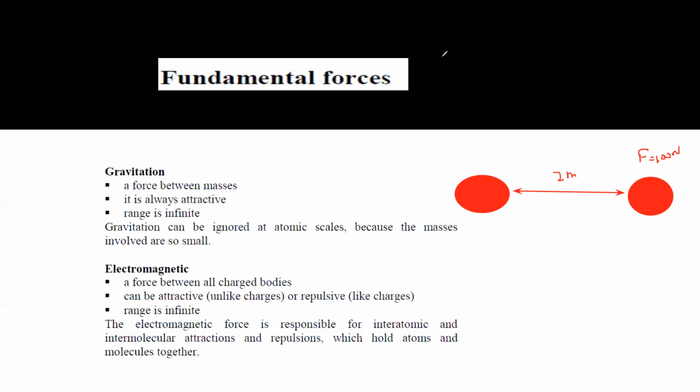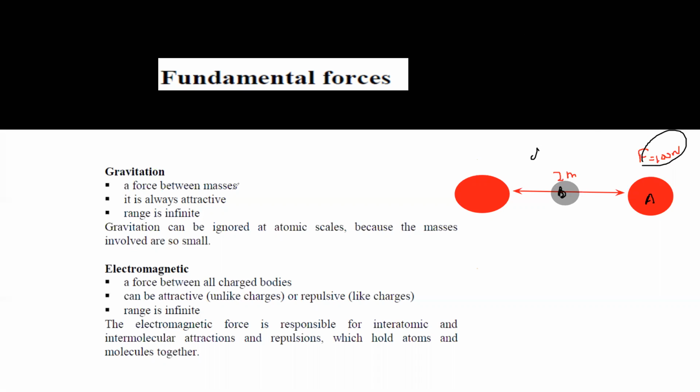So if I place another mass between them, the value of the gravitational force which is experienced by this object A will not change. So it means the gravitational force cannot be shielded. Even if I have many particles between them, every time it will experience a 100 Newton force.